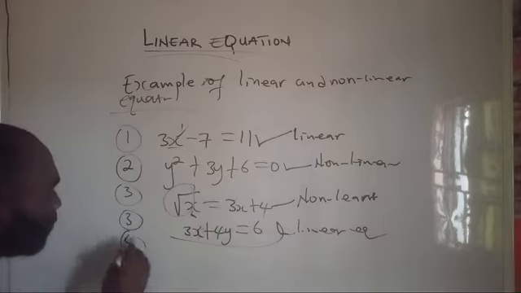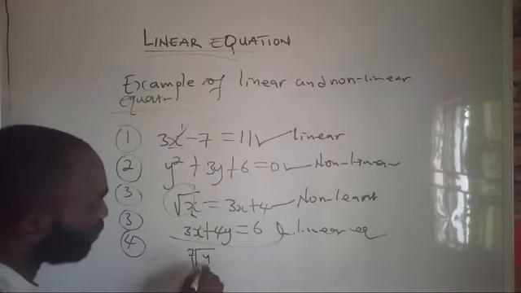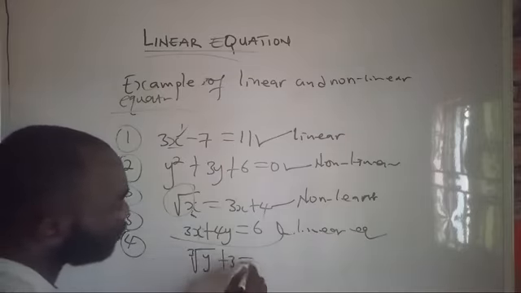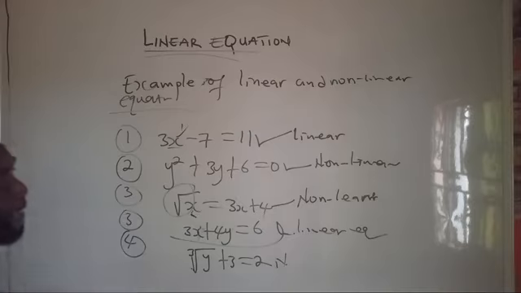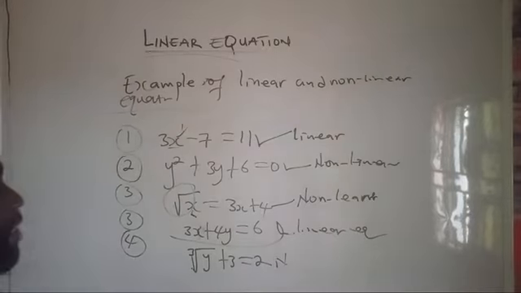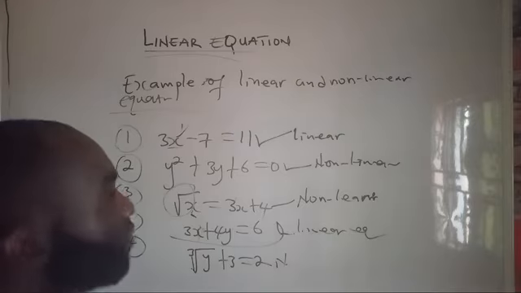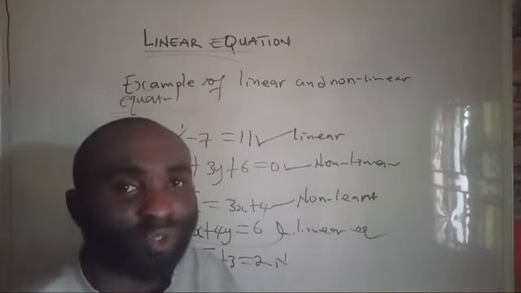Let me give you one more. Let's assume you have cube root of y plus 3 is equal to 2. This is also non-linear because the power of y in this equation is more than 1. So in any equation that the power of unknown is greater than 1, that equation is said not to be linear.